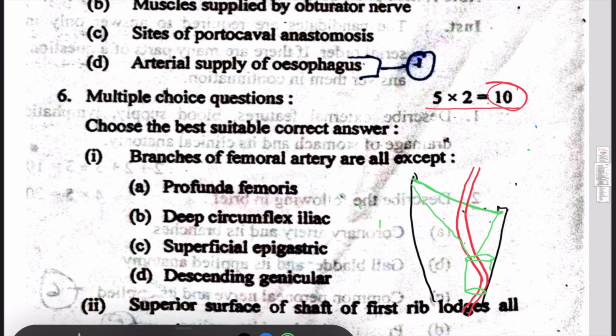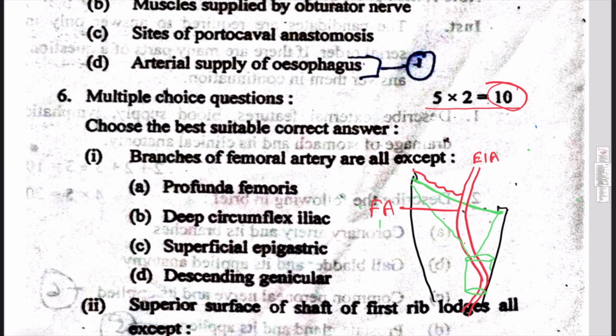So let's talk about the branches before wasting much time. This is the external iliac artery. Before the external iliac artery becomes the femoral artery, which it is called after crossing the mid-inguinal point, it gives its branches deep inside, before crossing the inguinal ligament.